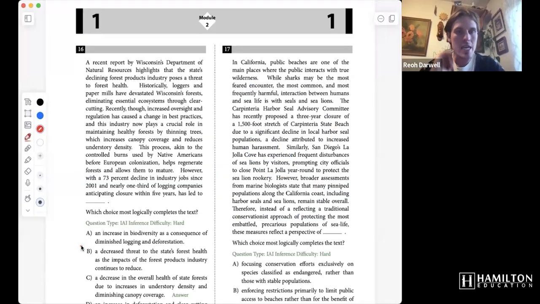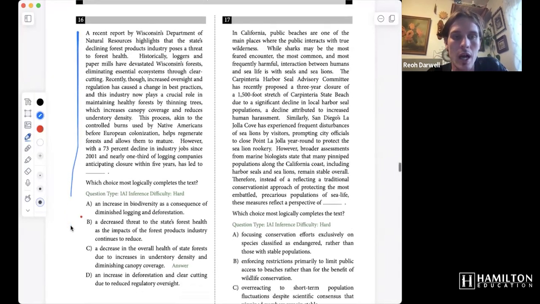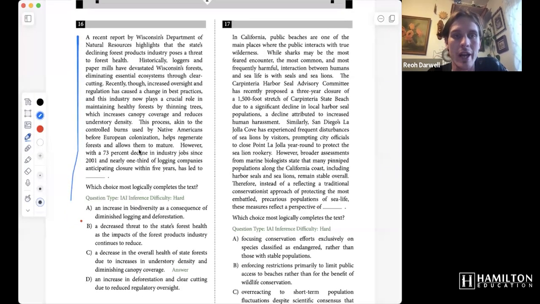All right, so 16, we have an inference question here, okay? One thing I just want you to be aware of, as you read through this passage, it says logging in its current form, in a certain very particular way in Wisconsin, is helpful for the forestry of Wisconsin, but it wasn't always, okay? So what do we need to say here, right?